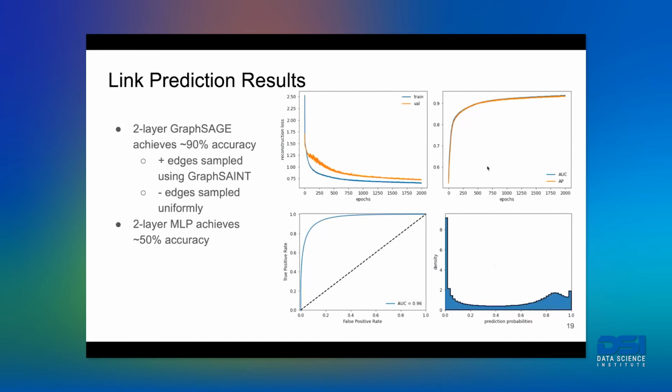We compared the GraphSAGE neural network using just 2 layers against a 2-layer multi-layer perceptron. The GraphSAGE network achieved about 90% accuracy, whereas the regular neural network achieved about 50% accuracy, which means it essentially did no better than random. And here I'm only showing the results for the GraphSAGE architecture.